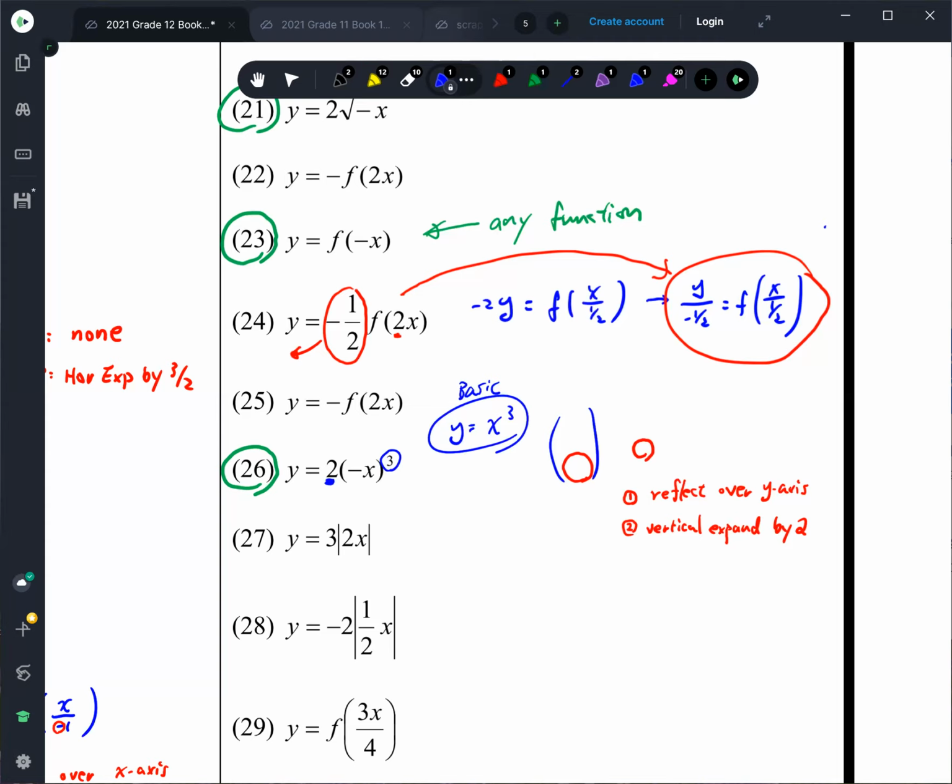I put y is equal to f of x over -1. That's okay, the equation form is fine. What about the story? What would you say? Oh, horizontally expand by 1. If it's 1, would it change? No. So there's no description then?